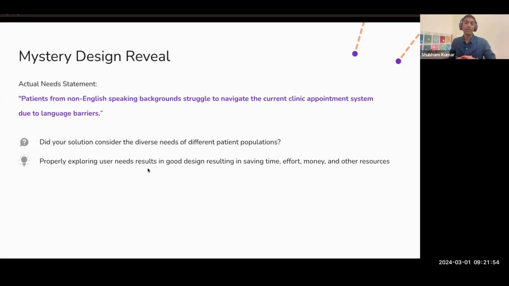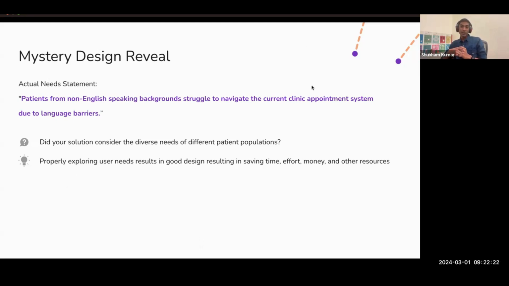In this case, efficiency was a concern because non-English speakers weren't able to quickly get an appointment. They had to spend time figuring out how to make things smoother for them. The idea was for you to understand that even if you gather feedback, there is always more you need to do. The question to ask yourself is: did you consider the diverse needs of different populations?